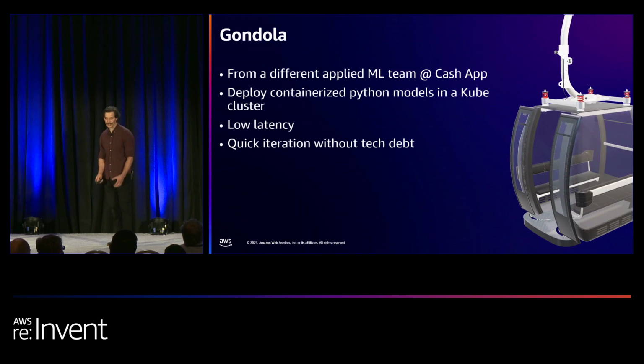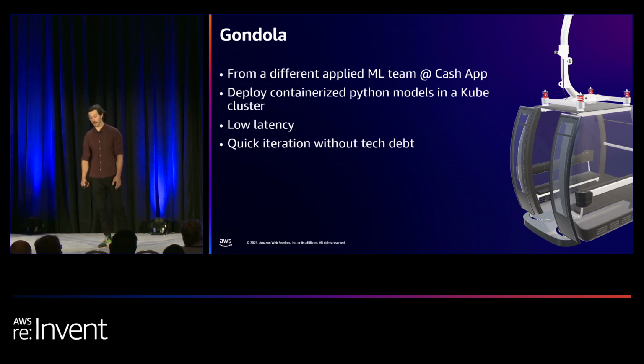So Gondola came from a different applied ML team, and the focus there was to deploy containerized Python models in a Kubernetes cluster. It was meant to be really low latency, built from the ground up, and it allowed people to iterate more quickly without any of the tech debt from the previous ML hosting solutions that we had.